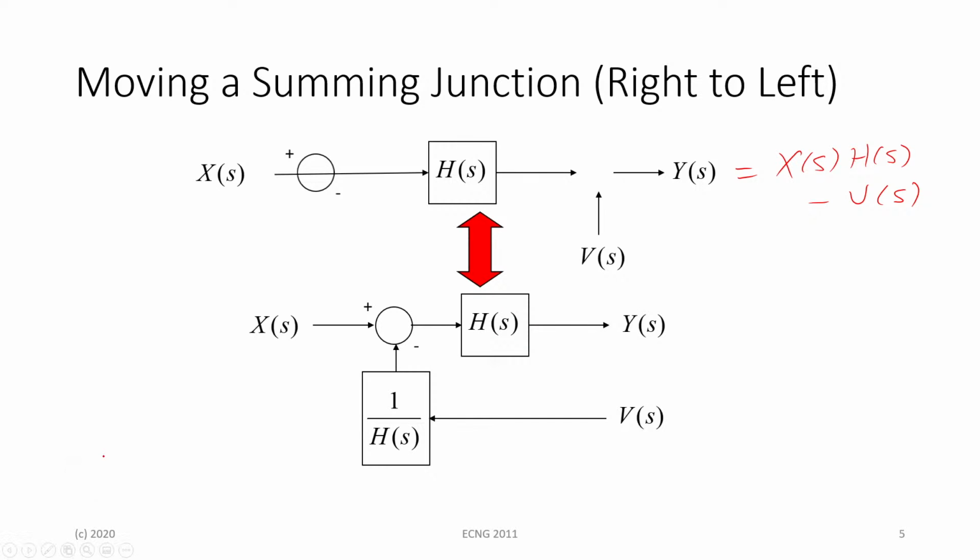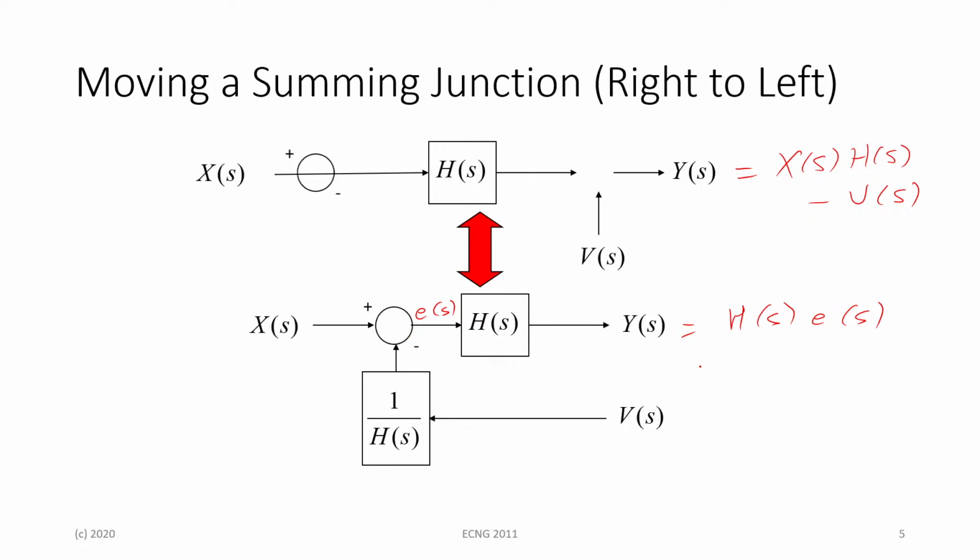So we're going to introduce a temporary signal here, and we're going to call this e of s. At the output, y of s here is going to be h of s, e of s, because we're considering only the outputs at our summation junction here.